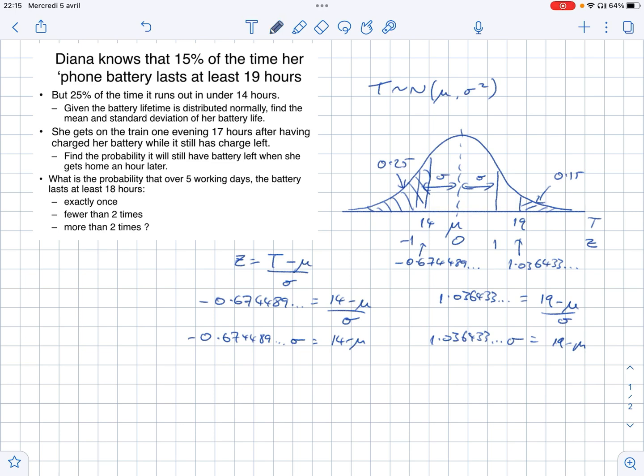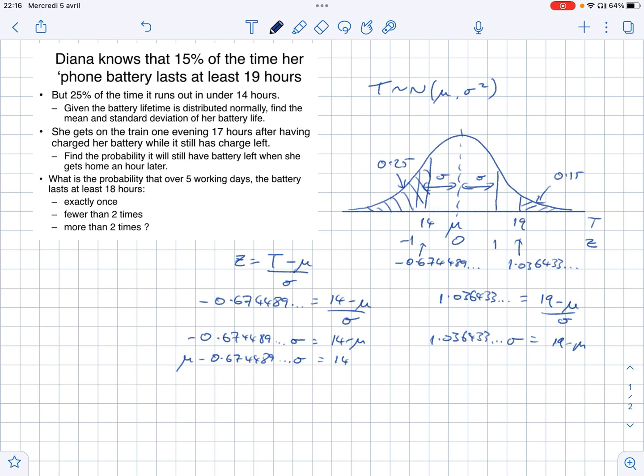On the TI-84s, we've got to do another manipulation, because you've got to have so many X plus so many Y, or so many X subtract so many Y, equals a number. So we have to add a mu to both sides so that it's on the other side. So we'll get mu subtract 0.674489 sigma equals 14.